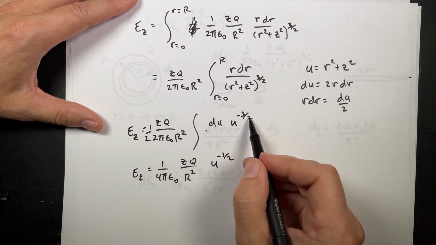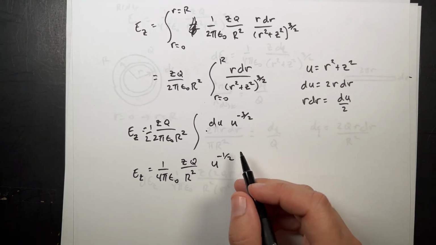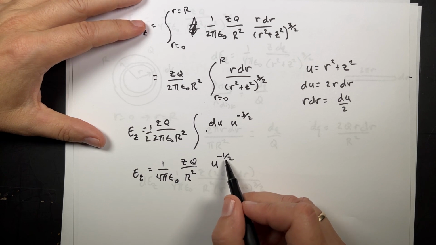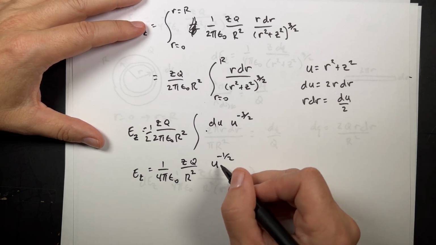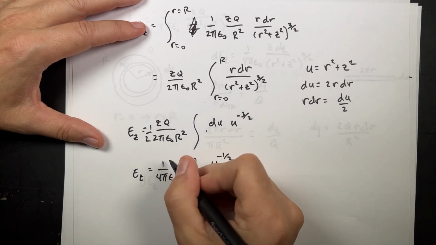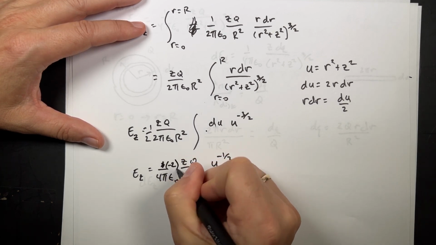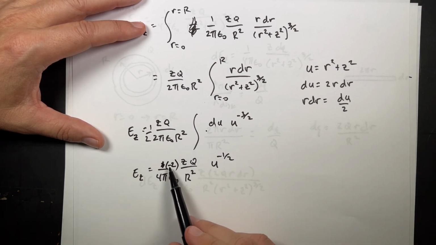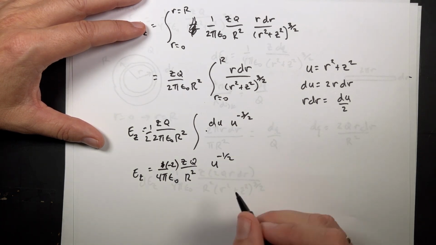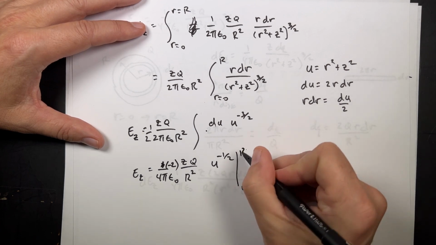And then I need to divide by the power, so I divide by negative 1/2. So I get a negative 2 here. When I do that, the negative 2 and the 1/2 cancel. And then I need to evaluate that from r equals 0 to R.